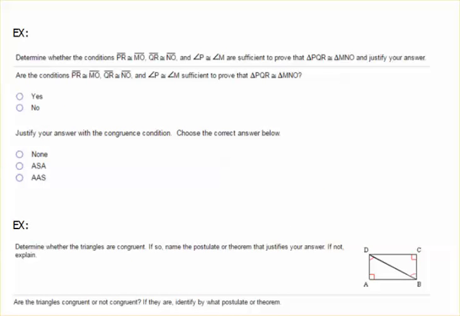Let's try another example here. This one says determine whether the conditions PR is congruent to MO, QR is congruent to NO, and angle P is congruent to angle M are sufficient to prove that these two triangles are congruent, and justify your answer. Well, again, before we do that, let's go ahead and draw out those triangles.